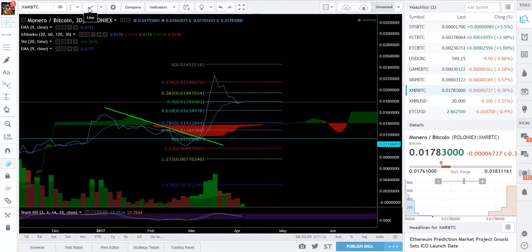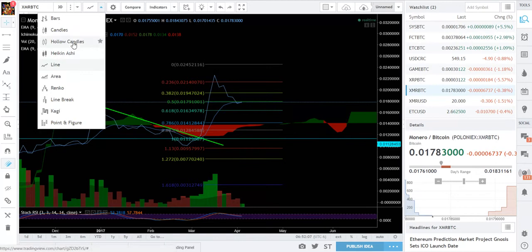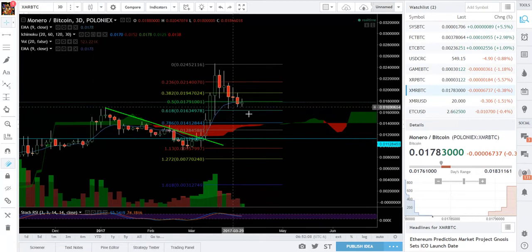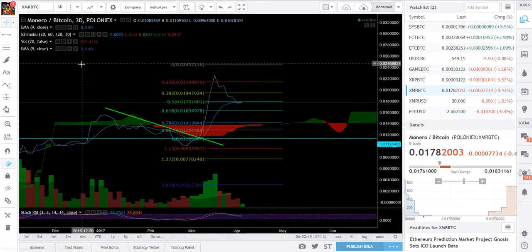I use that a lot to see that even though we had expansions in price and some selling down close to the 61, the real true market strength has respected this area of the 50%. And now on our 3-day, this blue line right here is our EMA, our exponential moving average.